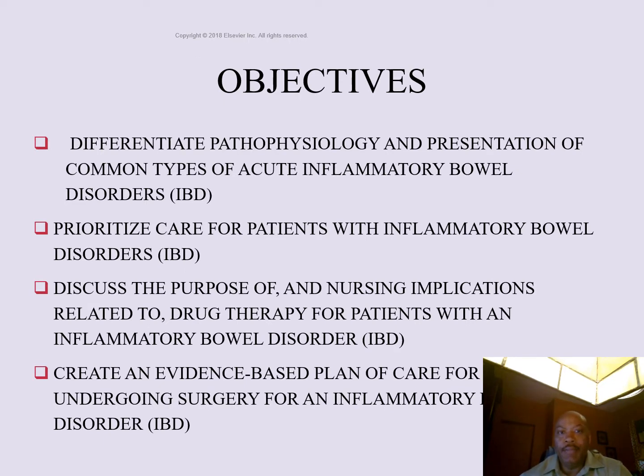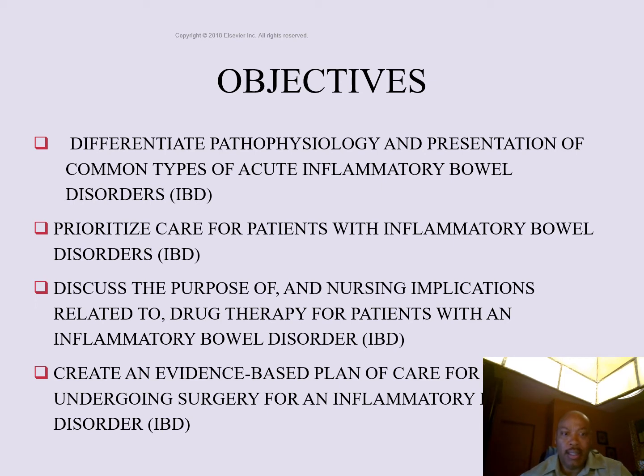At the end of this self-study of Crohn's and ulcerative colitis, the student would be able to differentiate pathophysiology and presentation of common types of acute inflammatory bowel disorders, or IBD, namely ulcerative colitis and Crohn's disease.